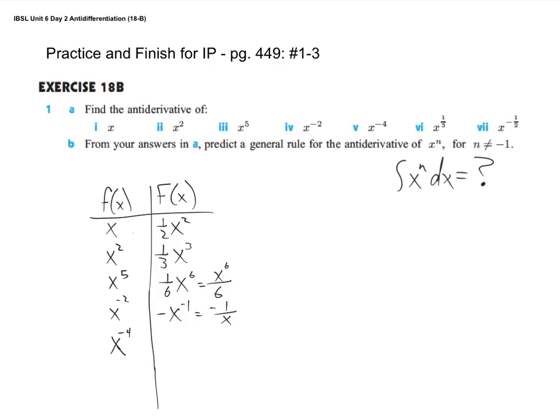Negative 3 x squared. Actually, x to the negative 3rd, and you'd be multiplying by 1 over negative 3. So negative 1/3 x to the negative 3rd, or negative 1 over 3x cubed would work.